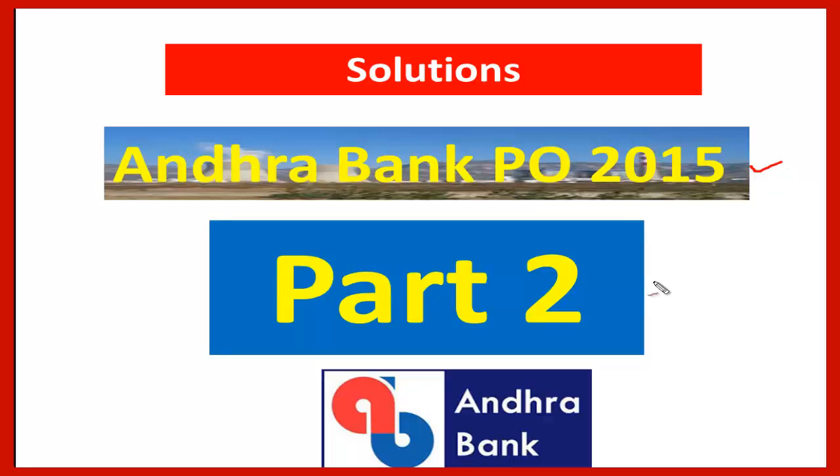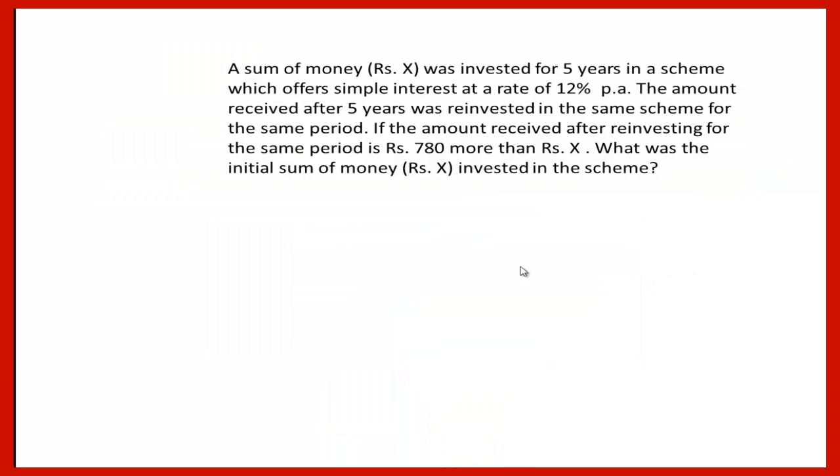It is part 2, and the first question is on the screen. The sum of money, rupees X, was invested for 5 years in a scheme which offers simple interest at the rate of 12% per annum.